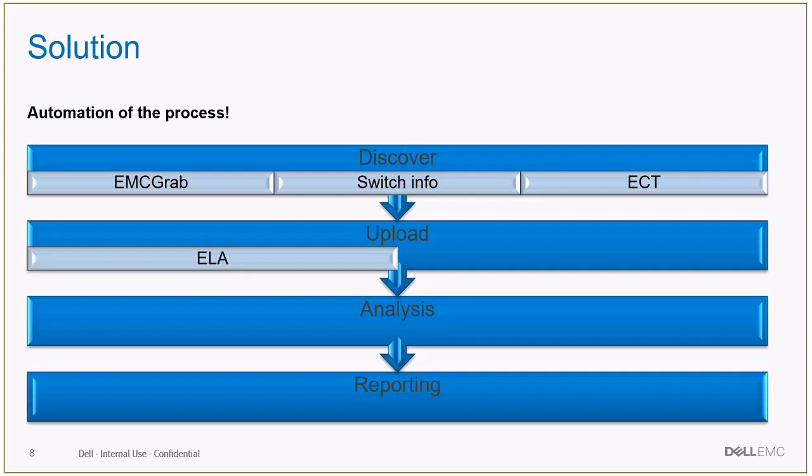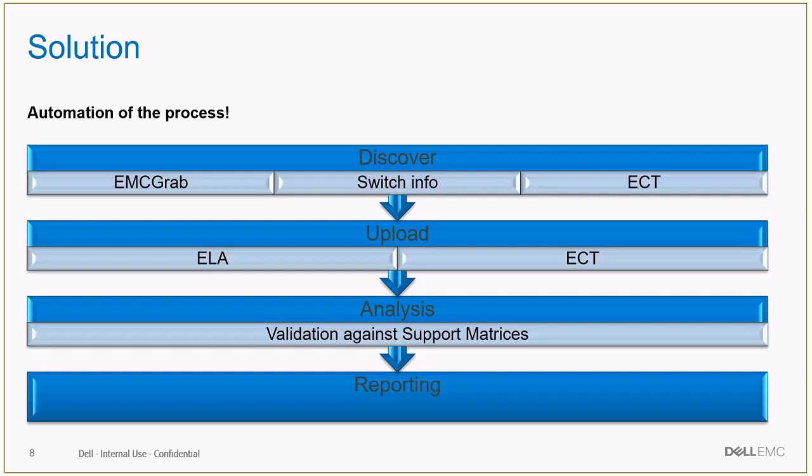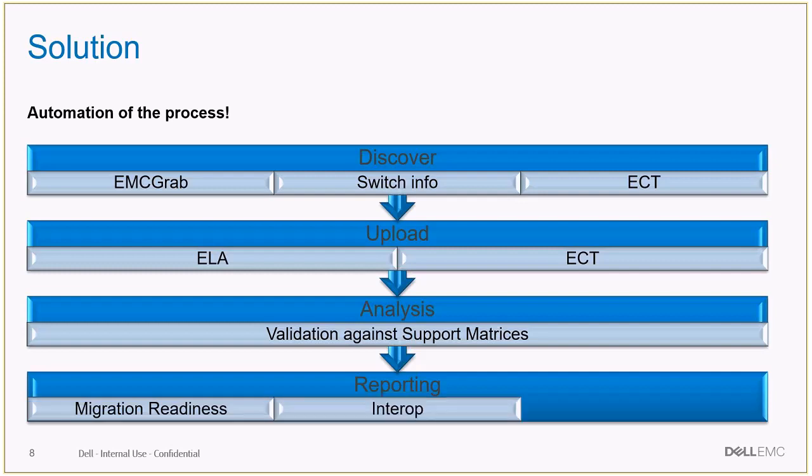We can then upload that information to ELA directly, or allow the ECT tool to upload that information automatically. ELA will then perform the analysis of all of the uploaded information, and that information can then be used to generate any of the available reports indicating migration readiness, interoperability, or general capture of the environment.